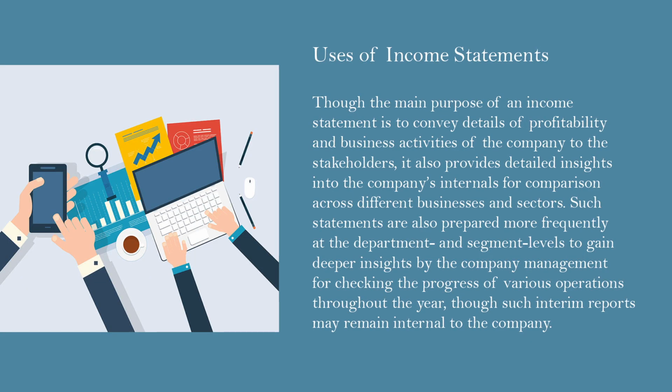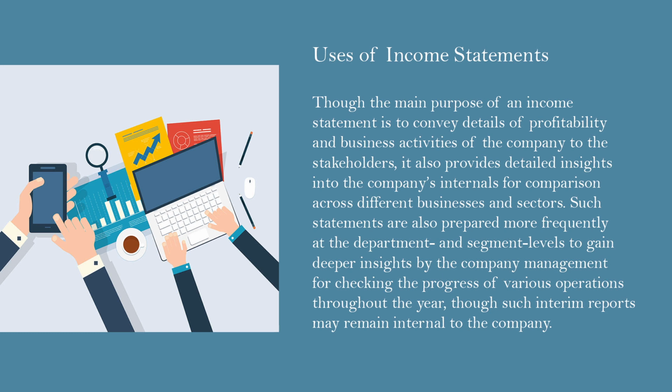Uses of income statements. Though the main purpose of an income statement is to convey details of profitability and business activities of the company to the stakeholders, it also provides detailed insights into the company's internals for comparison across different businesses and sectors.